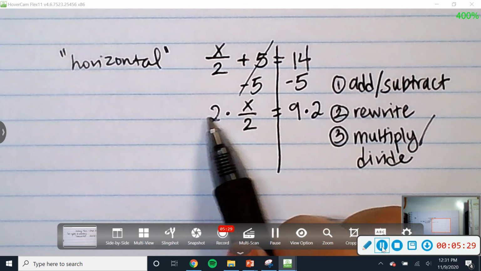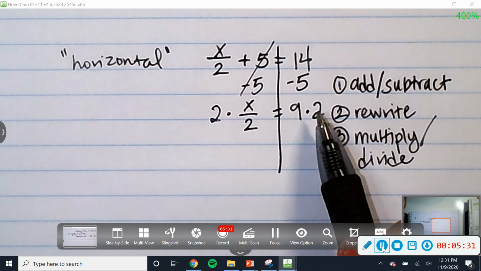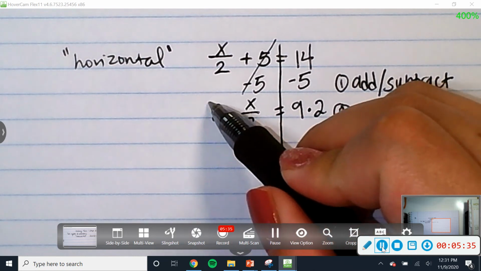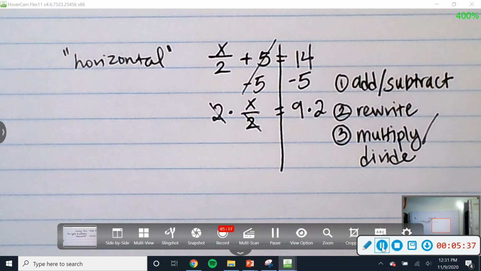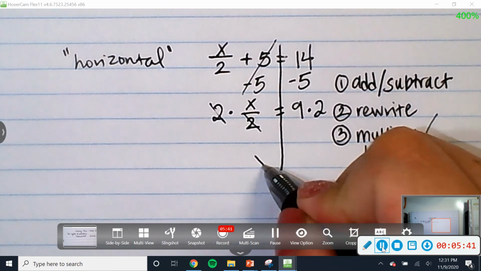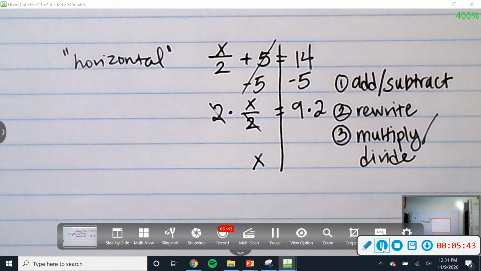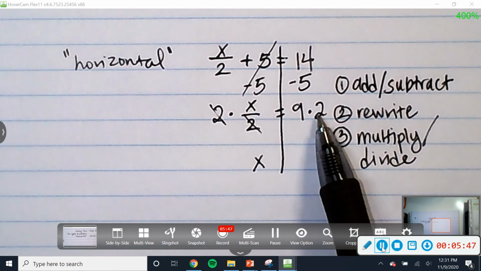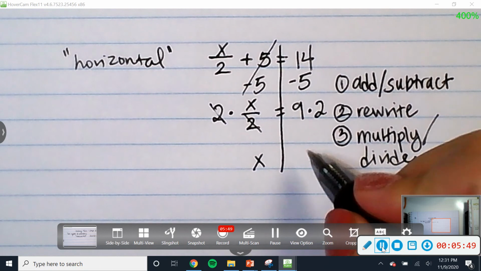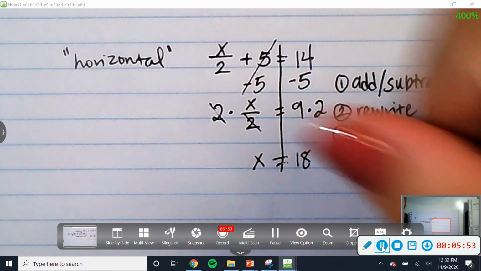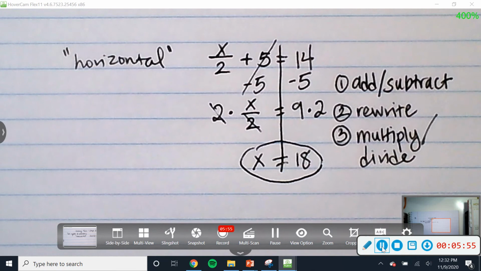So I write a times 2 here and a times 2 here. Then I will cross out these numbers here because they cancel out, and all I'm left with on the left side of my equation is x. On the right side of my equation, I just solve 9 multiplied by 2, which is 18, and so my final answer would be x equals 18.